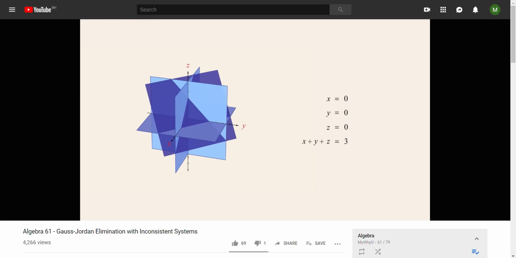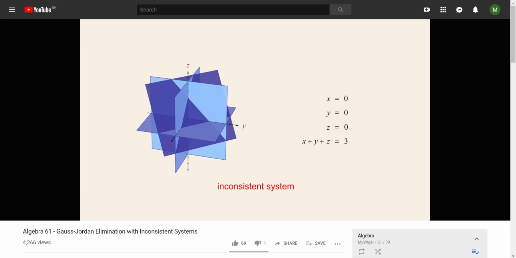Since this fourth plane does not include the single point shared by the other three planes, there is no point common to all four planes. This system is therefore inconsistent even though it contains no parallel planes or triangular tubes.